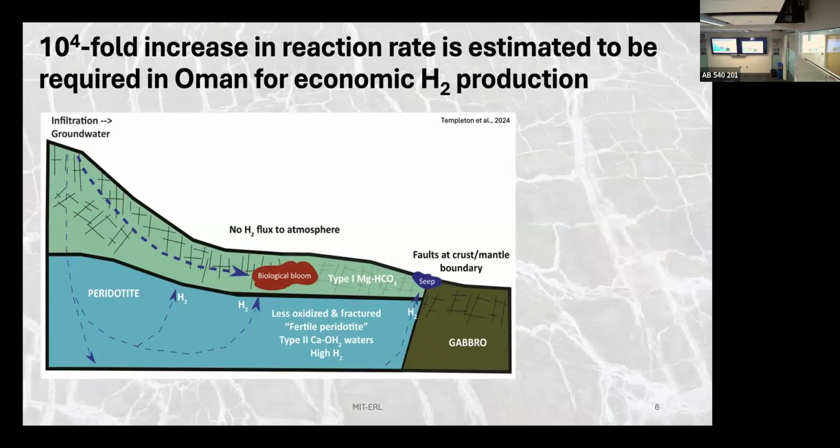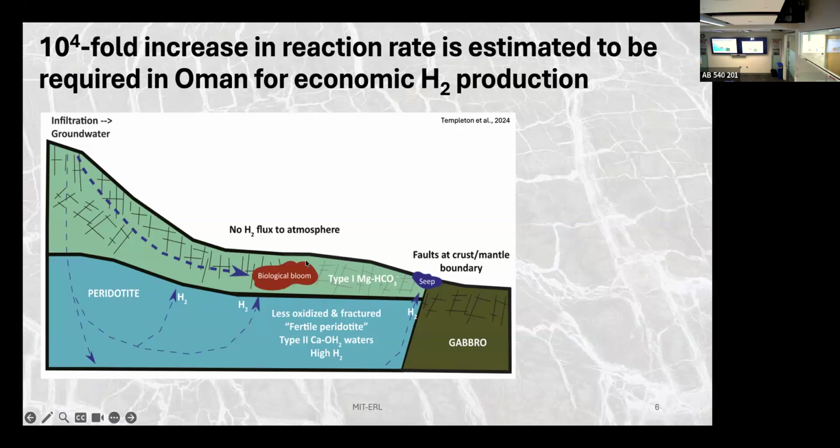They have also proposed a model where there is a biological bloom in the shallow subsurface of the ultramafic material, which feeds on the hydrogen generated at depth. They think this probably consumes a great amount of the hydrogen produced through serpentinization.